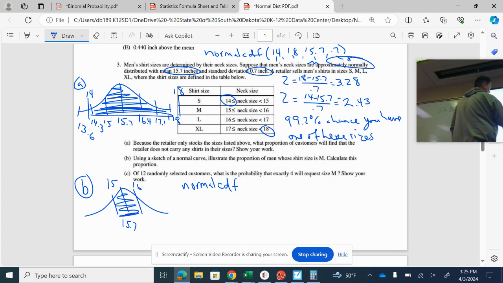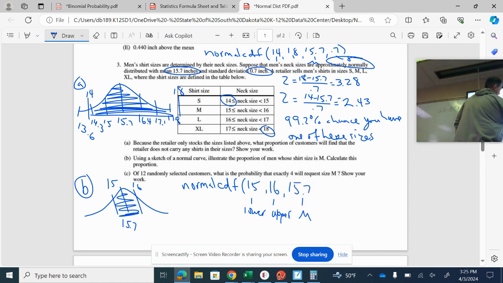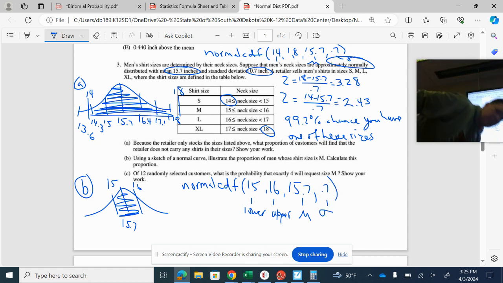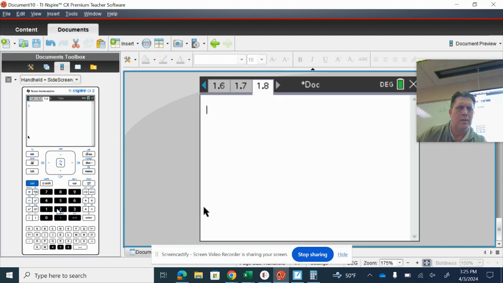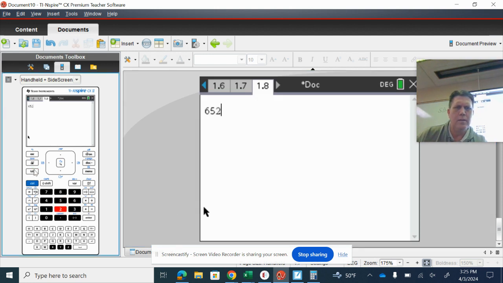Normal CDF, we're going to go 15 and call that the lower bound, 16 the upper bound, 15.7 the mean, and 0.7 the standard deviation. And we'll see what we get with that. Sorry, can't see.